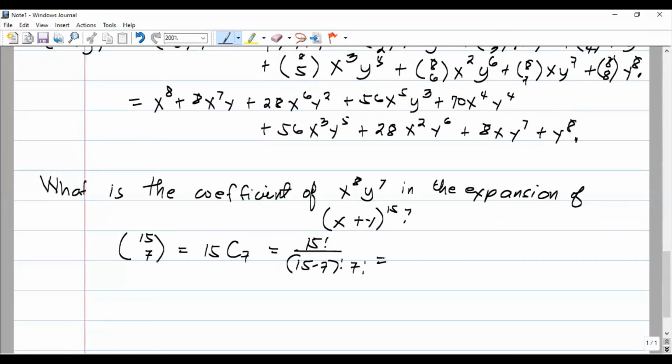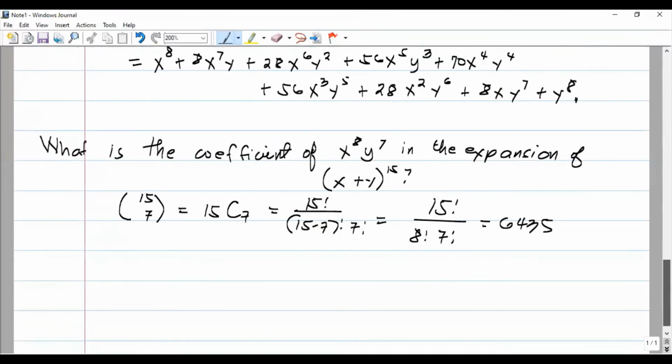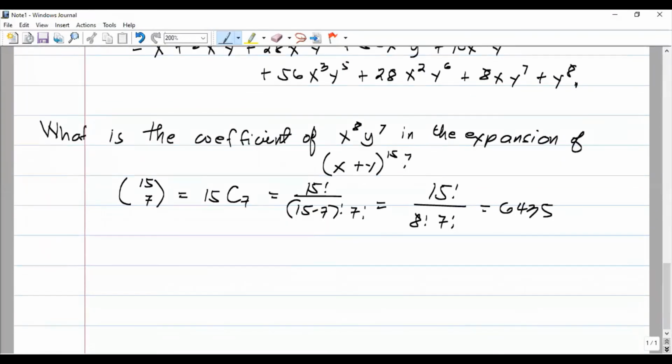And that is equal to 15 factorial over 8 factorial times 7 factorial equals 6,435. Okay, so the coefficient of the term x to the 8, y to the 7 in the expansion of the 15th power of x plus y is 6,435. Okay, so it is easy to determine or find its coefficient because we are using the combination or combinatorics concept.